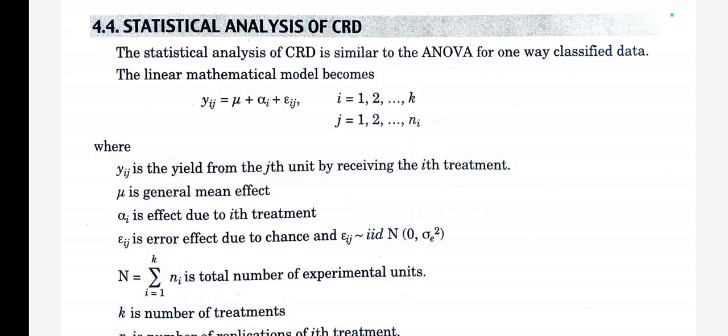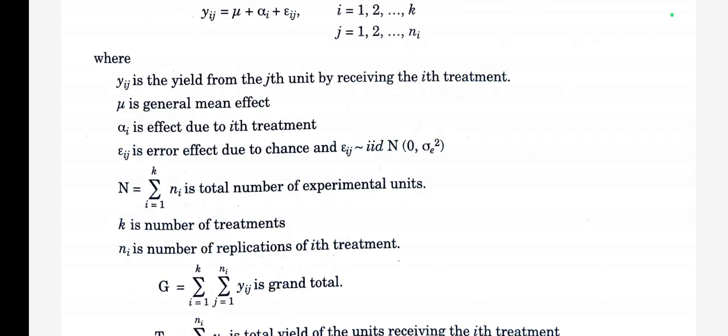Mu is the general mean effect, alpha i is the effect due to the ith treatment, and epsilon ij is the error due to chance, which follows a normal distribution. Capital N is the total number of units, k is the number of treatments, ni is the number of replications of the ith treatment, and G is the double summation of yij, that is the grand total. Next Ti dot and y bar of i dot and so on. These are some formulas and notations.